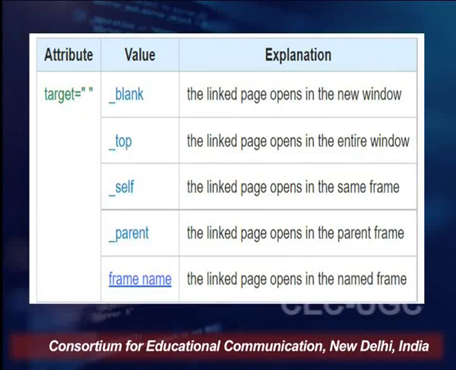We have seen this in the previous lecture, but we have not covered the different values of this target attribute. So here the possible values are _blank, _top, _self, _parent, and the framename, which is the name of a particular frame.